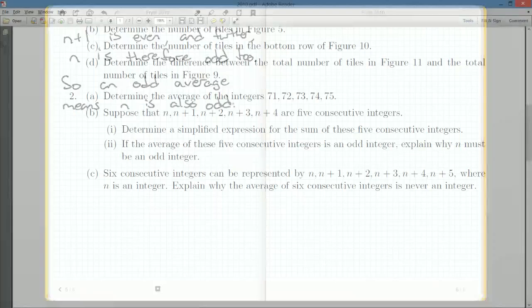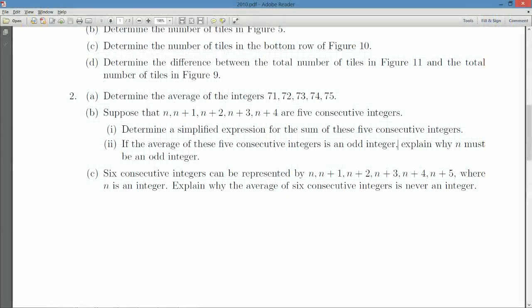Fairly straightforward. If 2 numbers differ by an even number, then they're either both odd or both even. Okay. So that was B part.